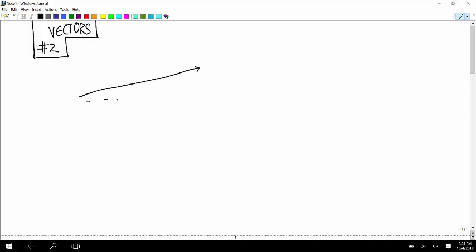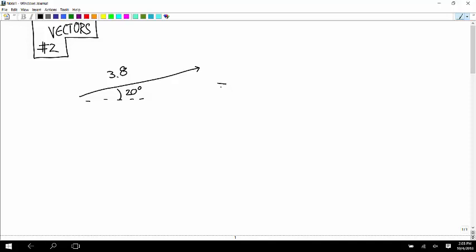Okay, so vectors number 2. The first vector is like this. It has a length of 3.8, and it makes an angle of 20 degrees with the horizontal.